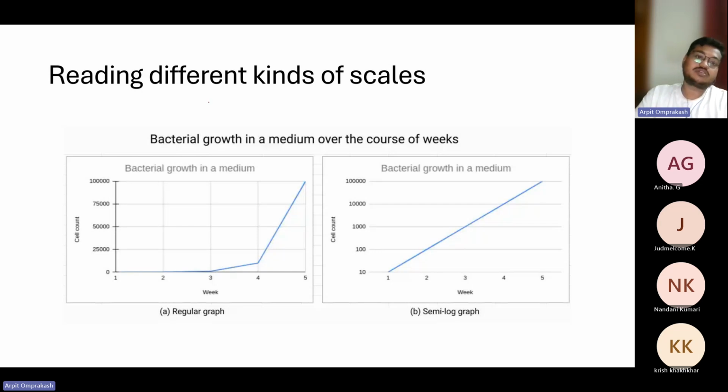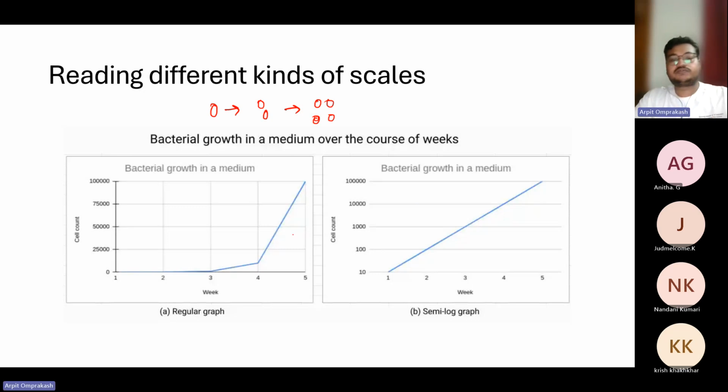This happens because cell growth generally happens in a multiplicative order. One cell divides to become two, two becomes four, and so on. So the more cells that you have, the faster you generate even more cells, right?